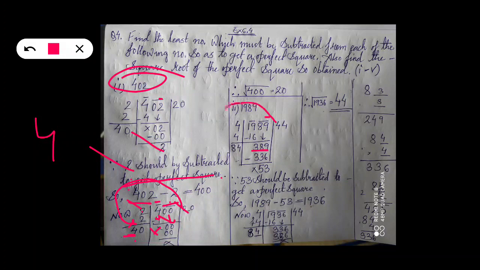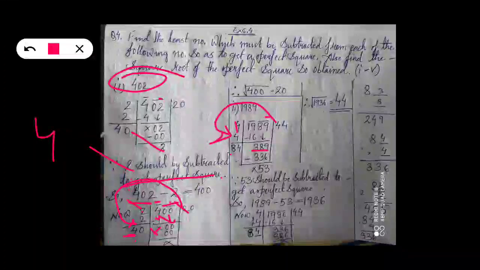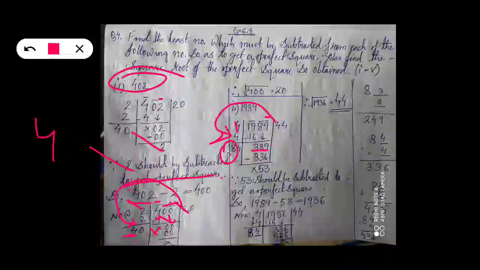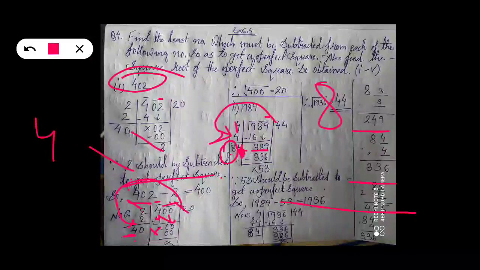So this 4 will come here and will be added. 4 plus 4 will give you 8. Right now there is nothing over here at the back of 8. So 8 into something, you have to get nearby 389.